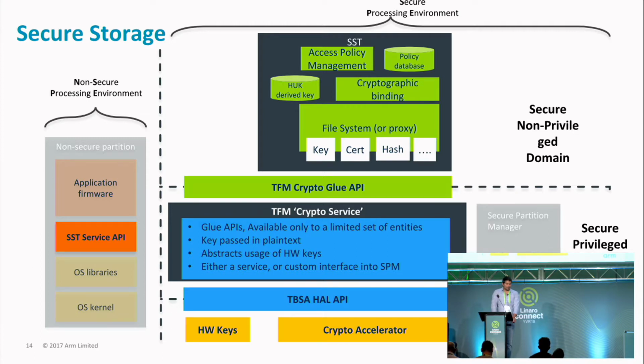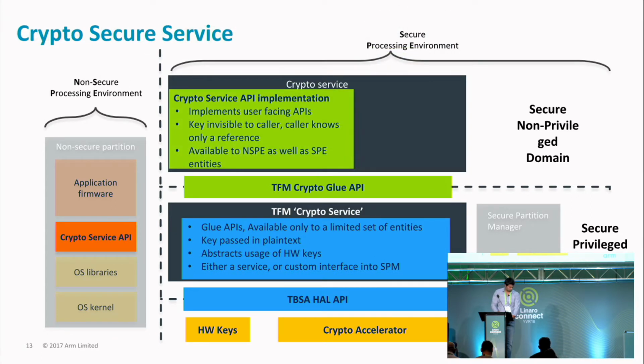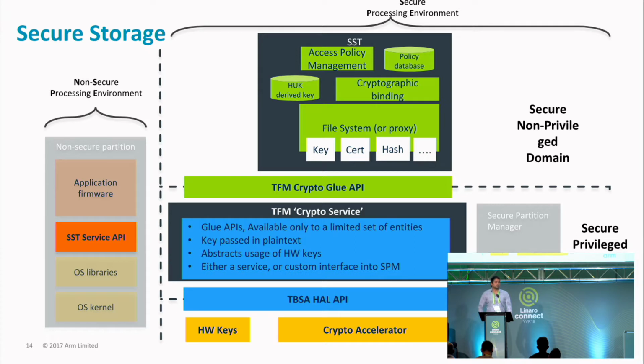The secure storage again leverages the blue box of the crypto service. So remember I said in the slide that the blue box is limited to very few entities. This is the other entity which can make use of the blue box of the crypto service. There are two reasons for that. The secure storage service needs to make use of the hardware unique key.